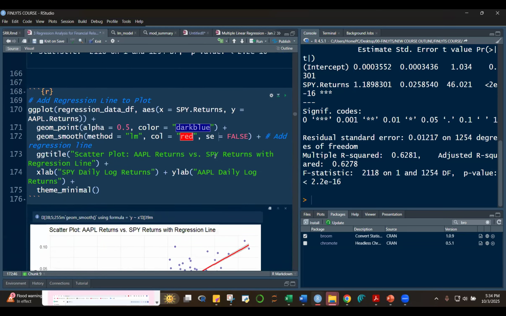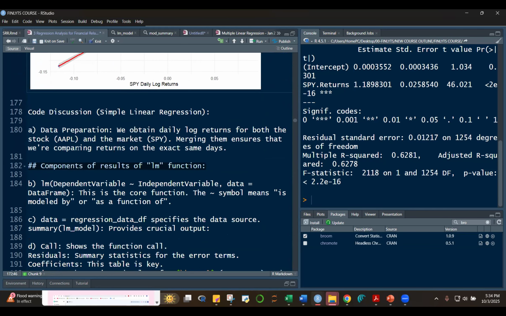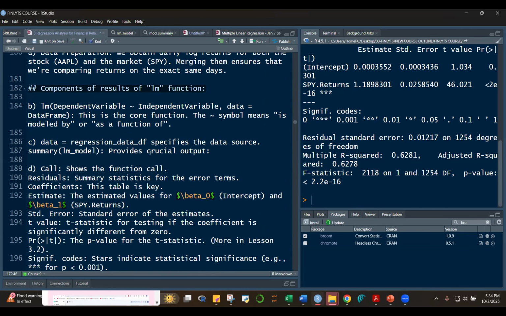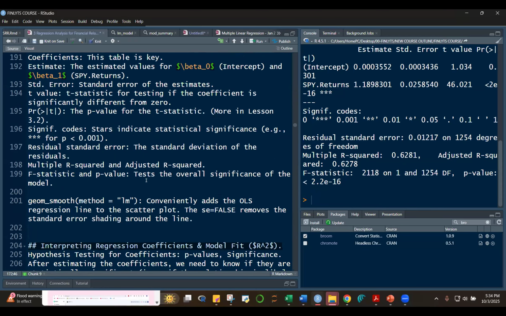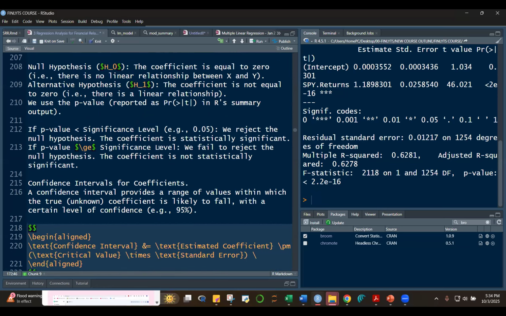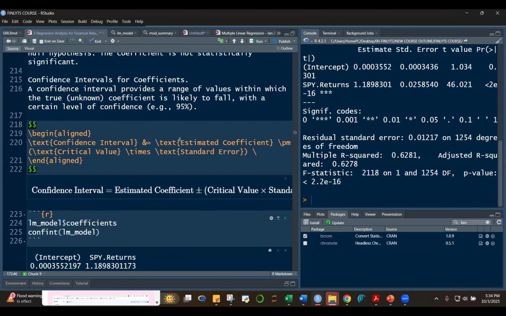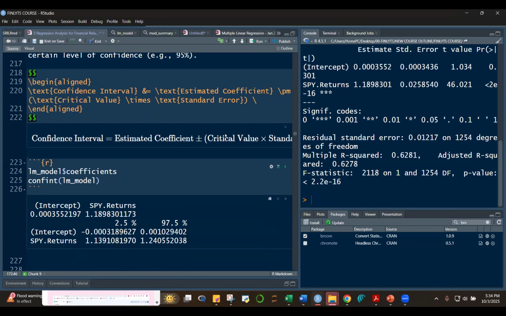Okay, so let's go down now here. This one, class, is just a discussion of what I have discussed already. We already discussed this. Now, our betas, our parameters, in our case the SPY returns, we're not so much interested in the intercept.